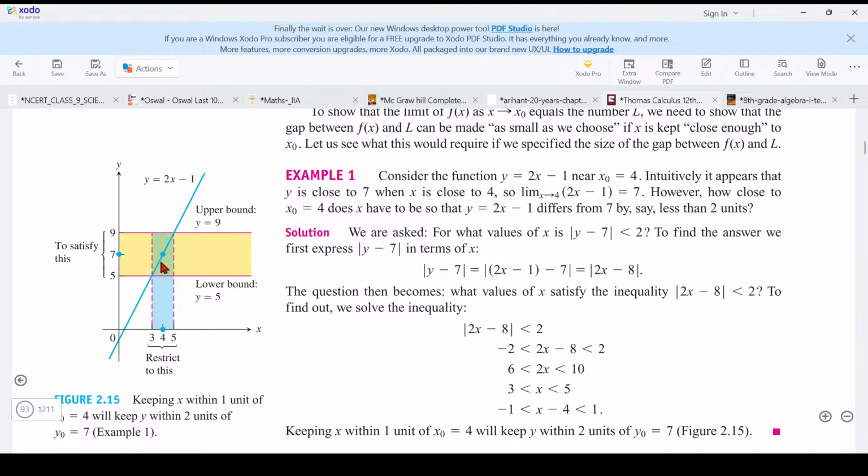If you want y plus or minus 2, then take x plus or minus 1. Agreed. But if I say y plus or minus 1, then you would say something like x plus or minus half. If I say y plus or minus 0.1, then you will say x plus or minus 0.05 or whatsoever.